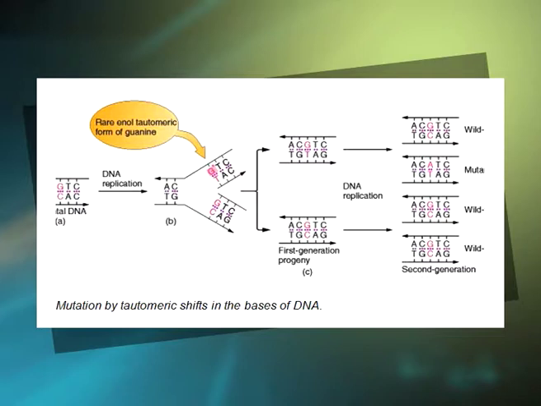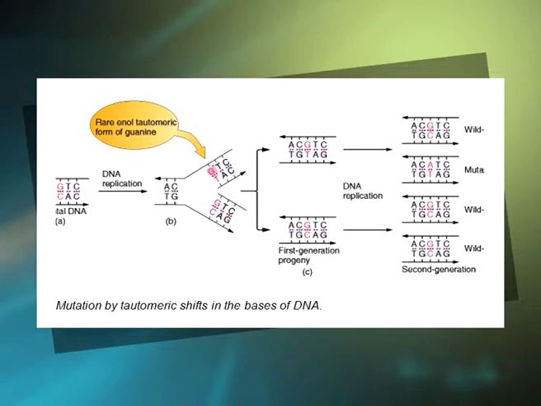In this figure, you can see the mutation by tautomeric shifts in the bases of DNA. In this, a guanine undergoes a tautomeric shift to its rare enol form, which is represented by G asterisk at the time of replication.